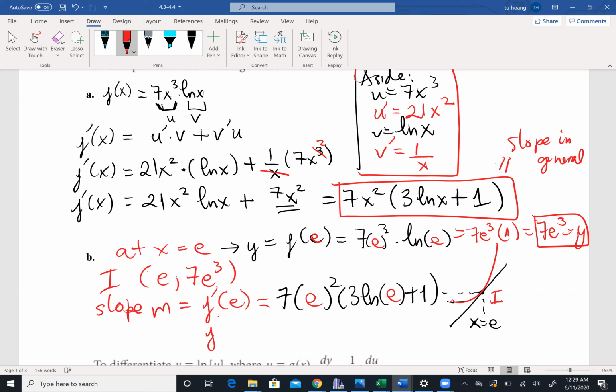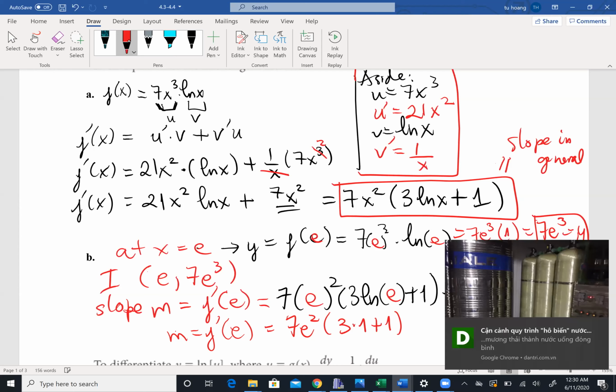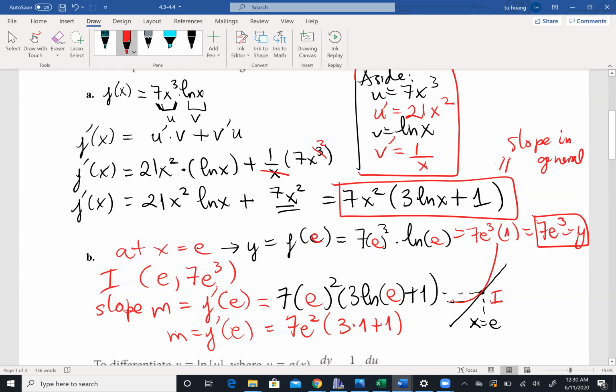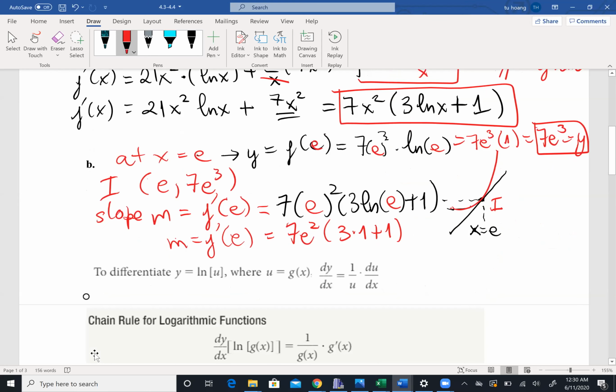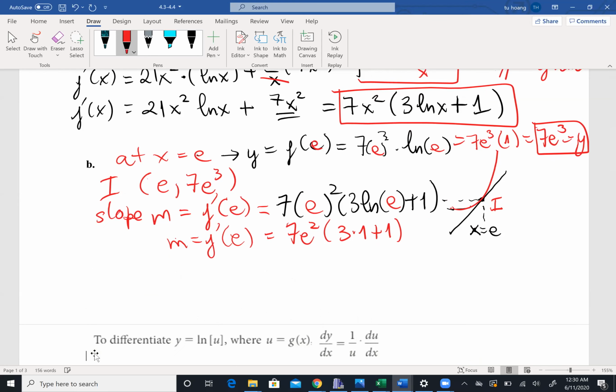So then f derivative of e, or m, equals what? 7e squared times 3 times 1 plus 1. And okay, so now I will make this go away.